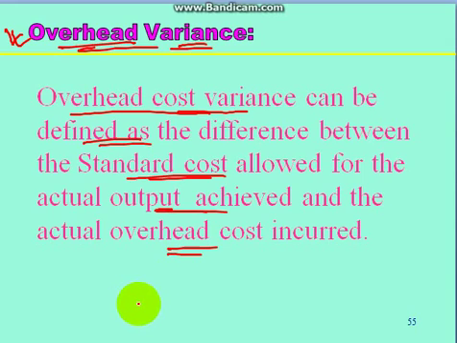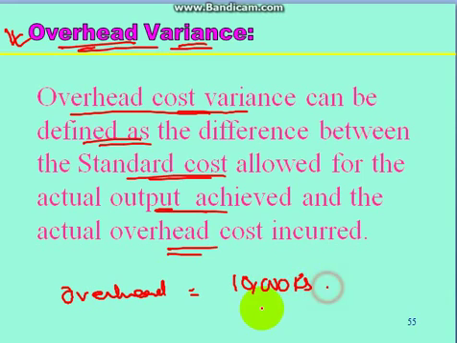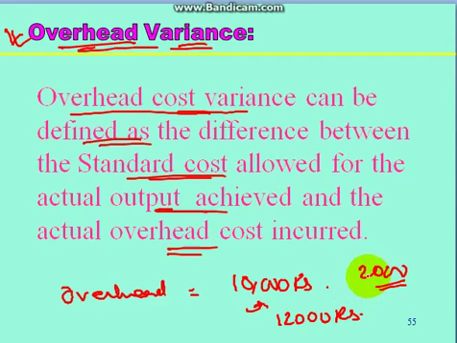For example, if you know that the overhead required for a particular kind of production is, say, 10,000 rupees, and you have actually incurred 12,000 rupees, then there is a 2,000 rupees variance in the actual cost. So my dear friends, that is nothing but the overhead variance.